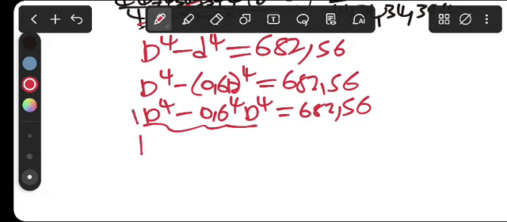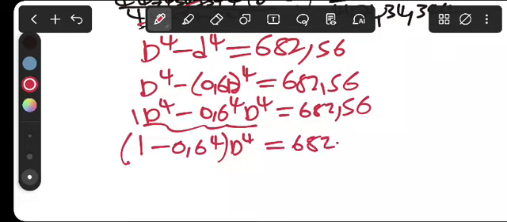This is the same as 1 minus 0.6 raised to the power 4. If you take out d raised to the power 4 as a common factor, you'll be left with 682.56 divided by 1 minus 0.6 to the power 4.